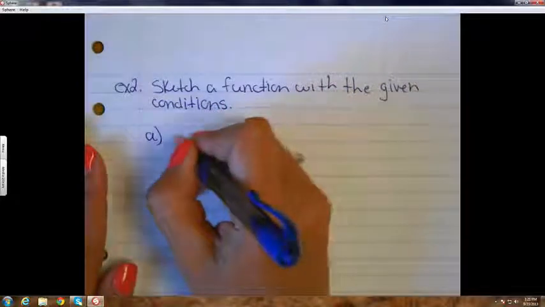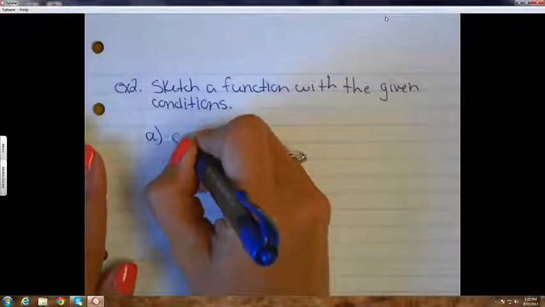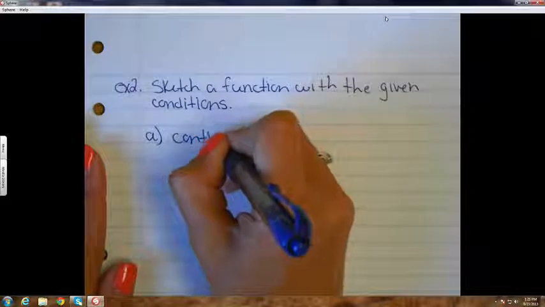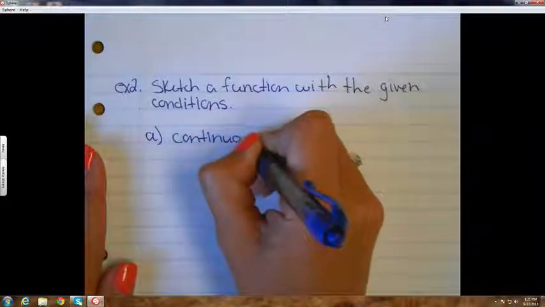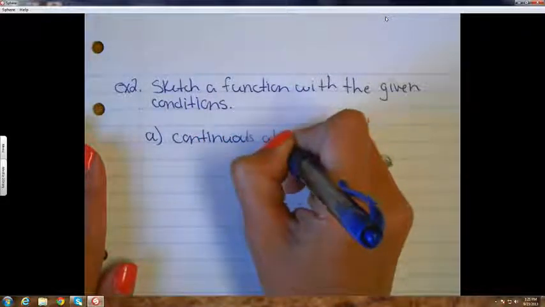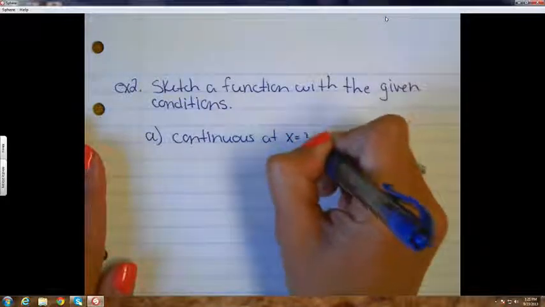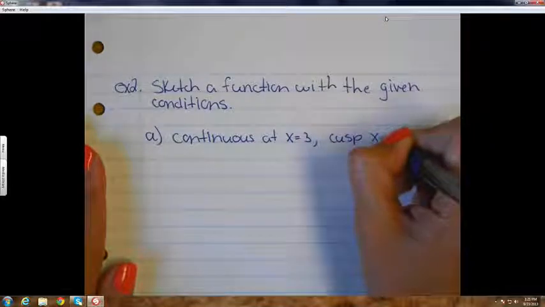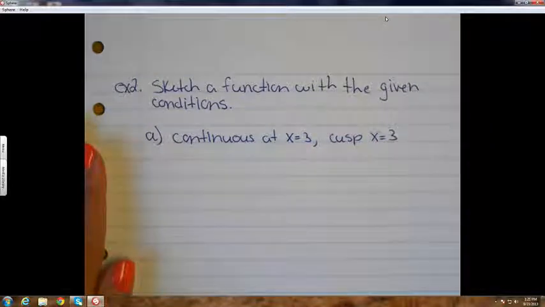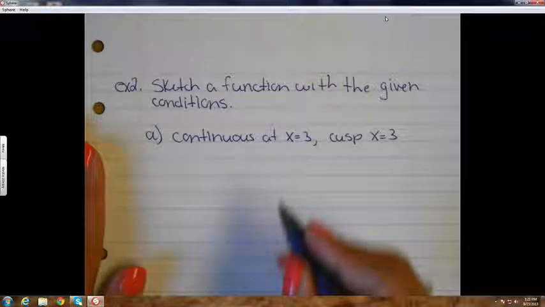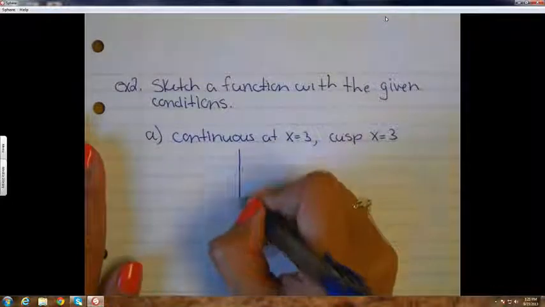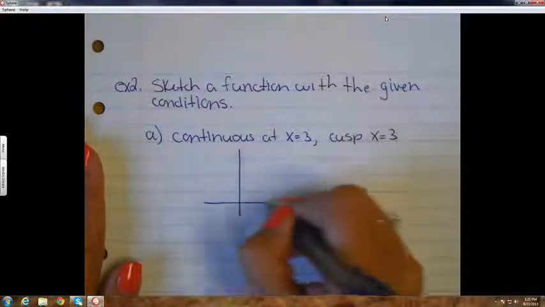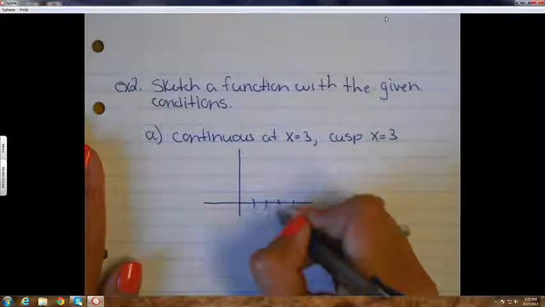Start simple. Make your graph continuous at x equals 3, and there's a cusp at x equals 3. So you're just drawing any kind of function you want. We'll go out to 3.